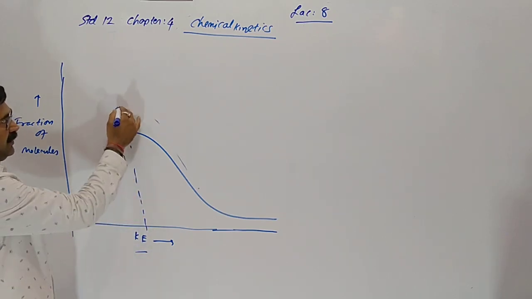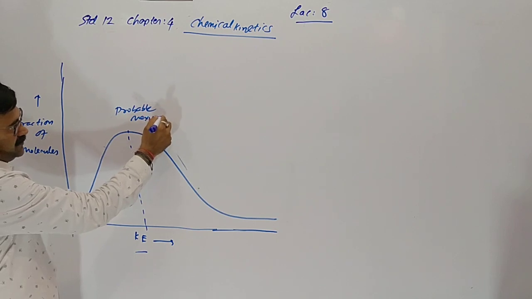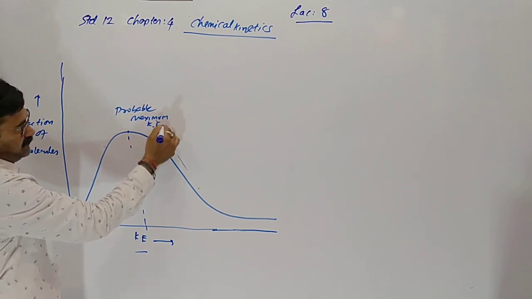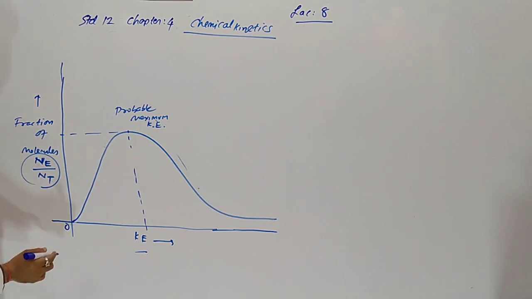Average, probable, maximum kinetic energy, and fraction means number of molecules having that kinetic energy upon total number of molecules.